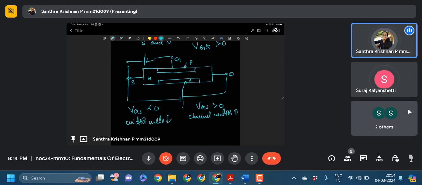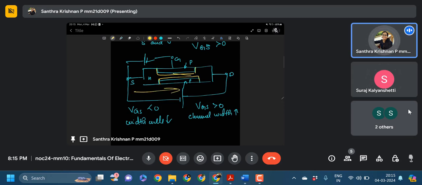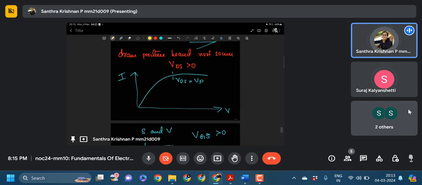So the width will decrease, which means that because of this excess flow, it gets pinched off much earlier. The VP, the pinch off voltage, in this case will be much lesser. So if you go to this curve, this was the VP required for pinch off to happen, and now it pinches off much earlier.